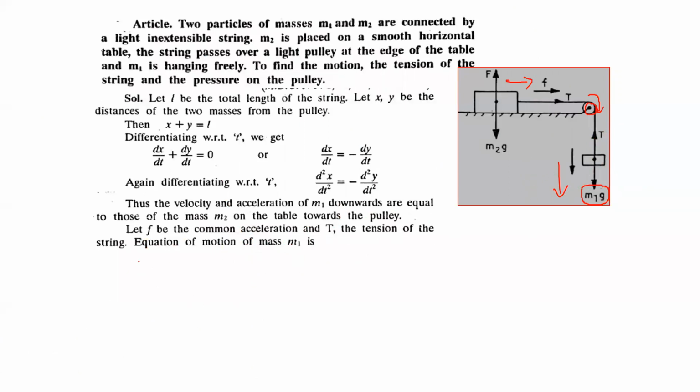So m1g is positive, but T is in the opposite direction, so it will be negative: m1g minus T. And according to the fundamental equation of dynamics, P equals mf, force equals mass into acceleration. Now the equation of motion of mass m2 along the table.